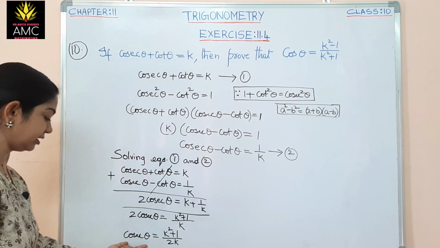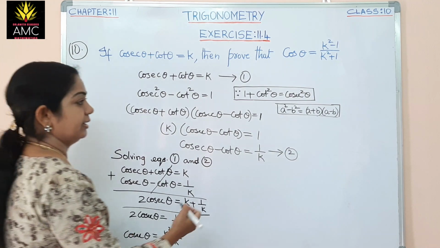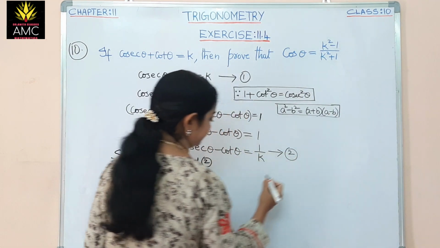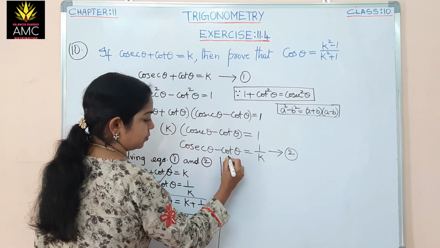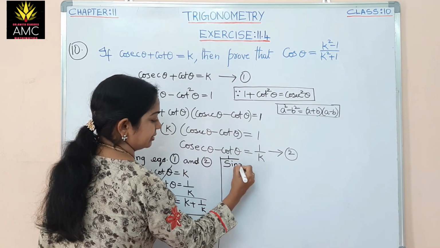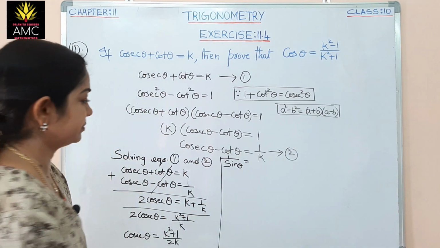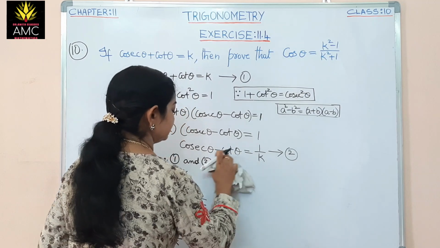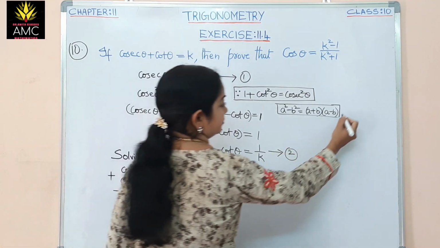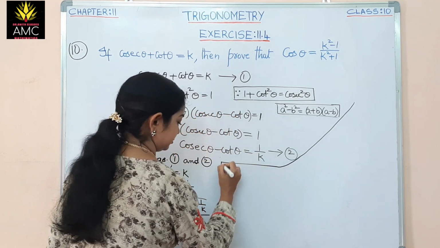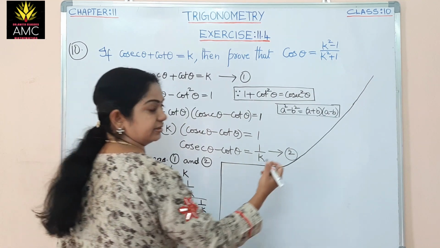Now, what is cosecant? Cosecant is the multiplicative inverse of sine, that means the reciprocal.